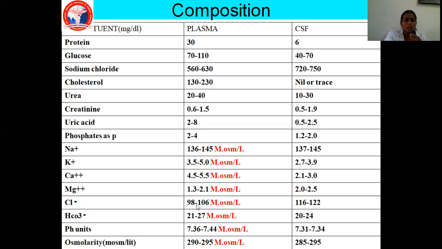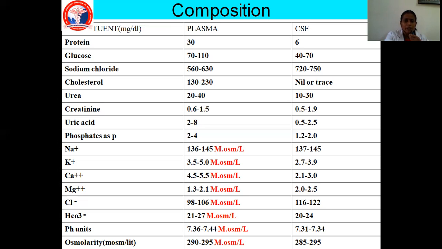Chloride ions concentration is 98 to 106 milliequivalent per liter in plasma and 106 to 122 milliequivalent per liter in the CSF. So potassium concentration is less when compared to plasma, and chloride and sodium chloride concentration is more when compared to plasma.